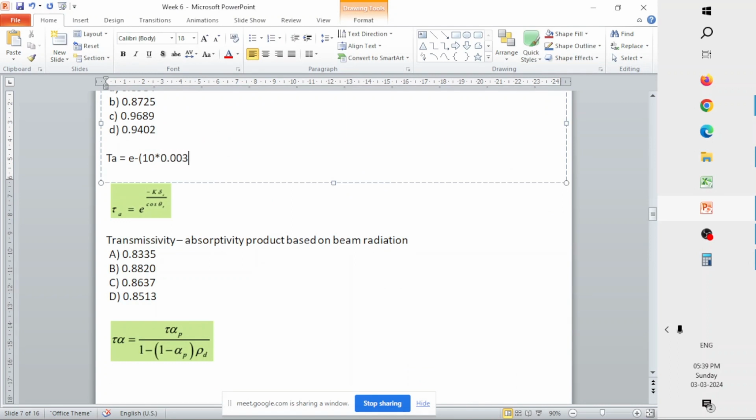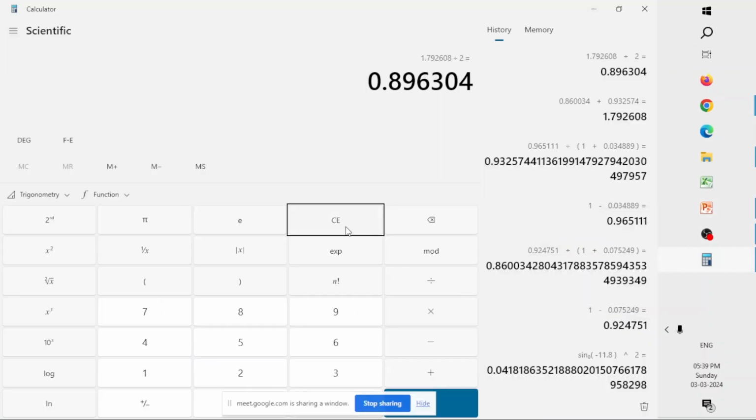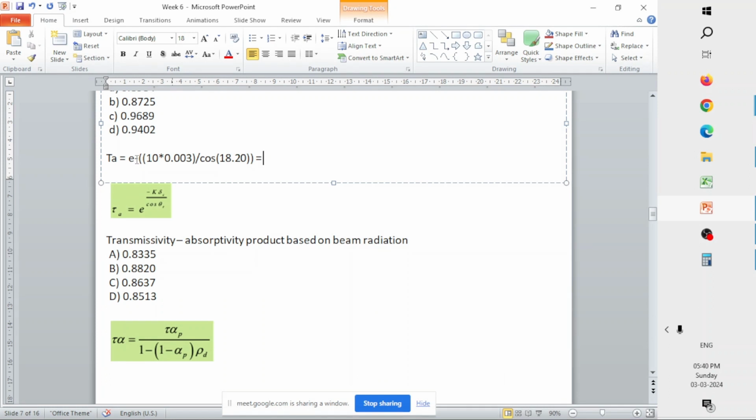So 0.003 meters the whole divided by cos theta r, cos of refraction angle. So refraction angle is 18.20. And since here we have only one glass cover system, we are not adding the extra term like 2 or 3.